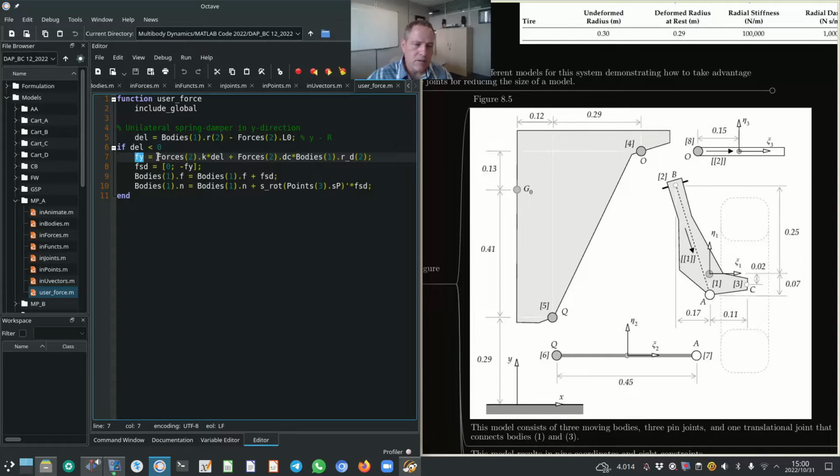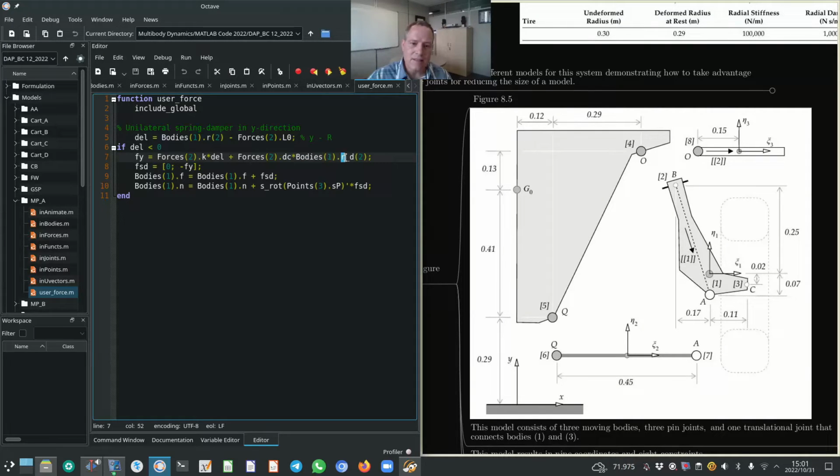He does so by taking the stiffness that we've passed to user_force and multiplying it by the deformation, or del, and we add the damping component using the damping coefficient which we've passed to user_force, multiplied by the velocity of body 1, the y component.